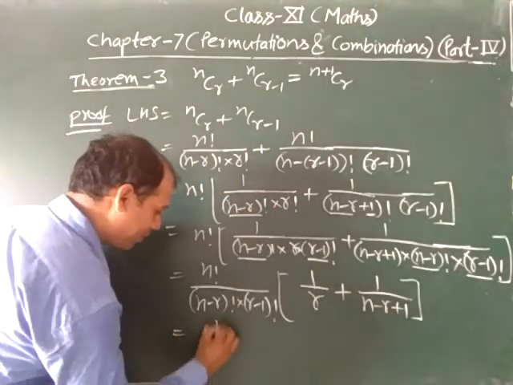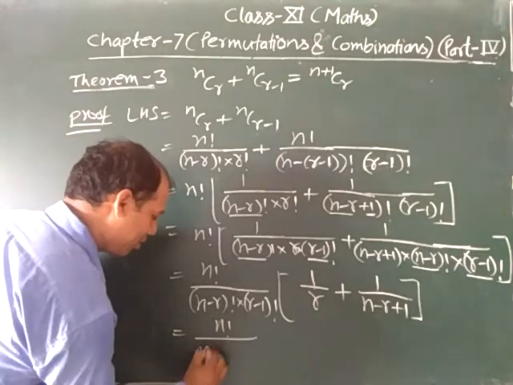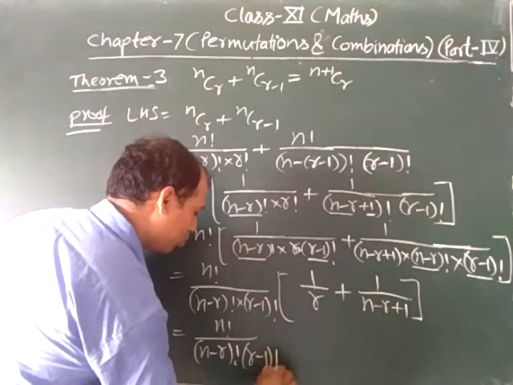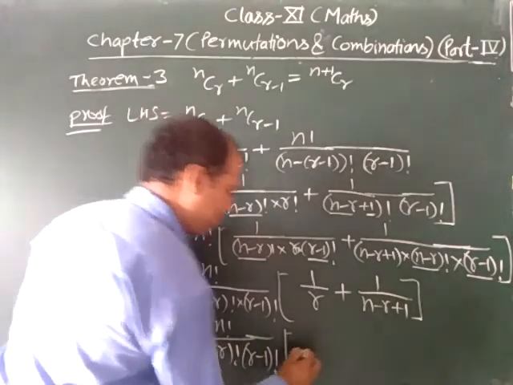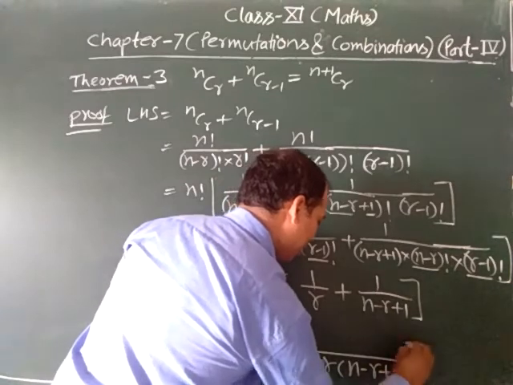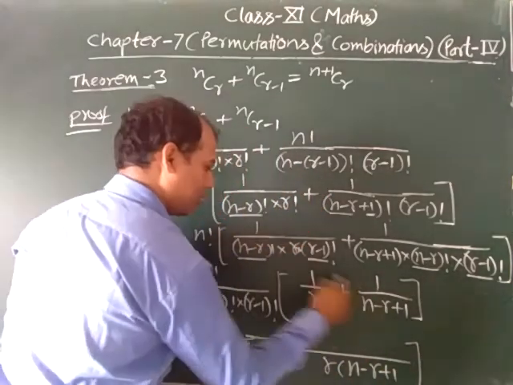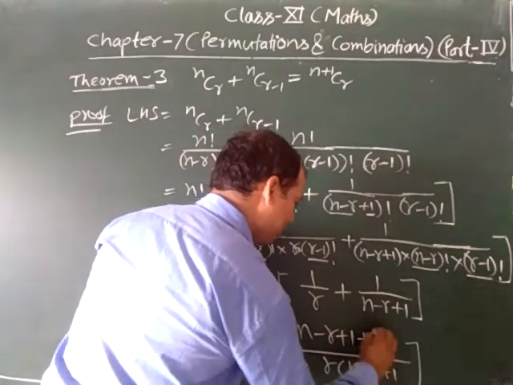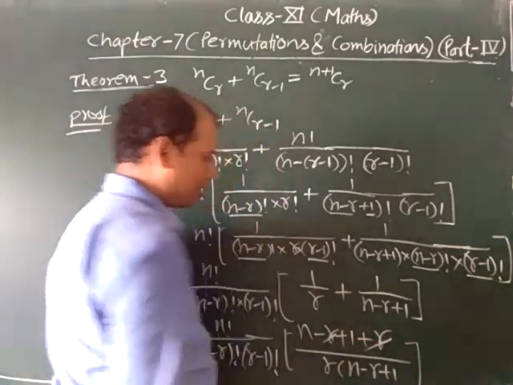Now we simplify it. Factorial n by n minus r factorial r minus 1 factorial divided by r into n minus r plus 1. This is multiplied here and this is multiplied here. n minus r plus 1 plus r is cancelled out.